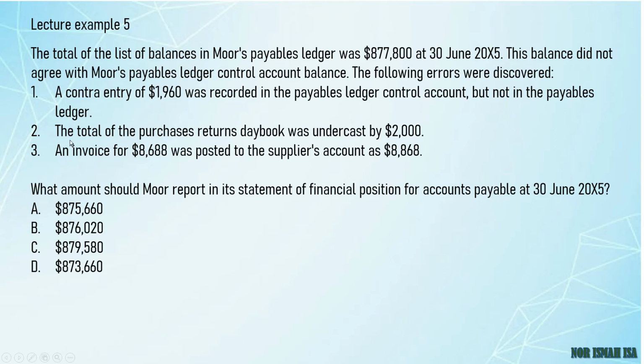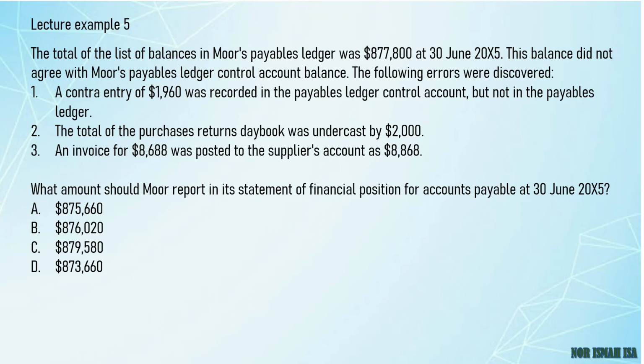The total of purchase return debit was undercast. This is a mistake in the payable ledger control account, as I mentioned, which makes the balance differ between the payable ledger and the payable ledger control account.